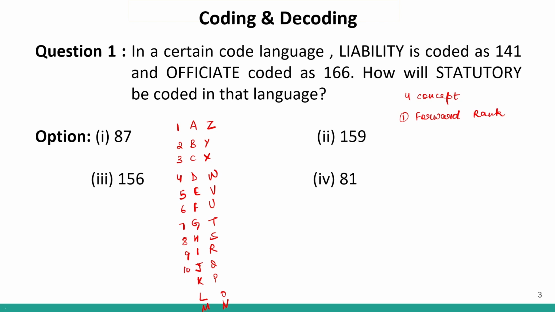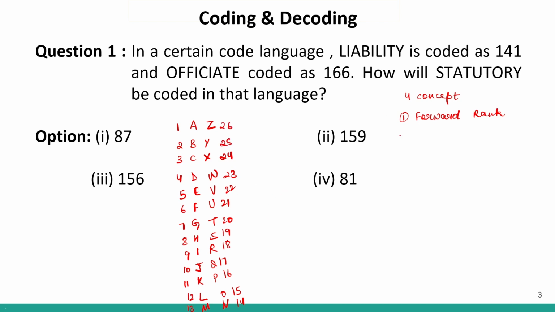Correct? When I assign them numbers up to 26, this is called forward rank. These are your forward ranks.